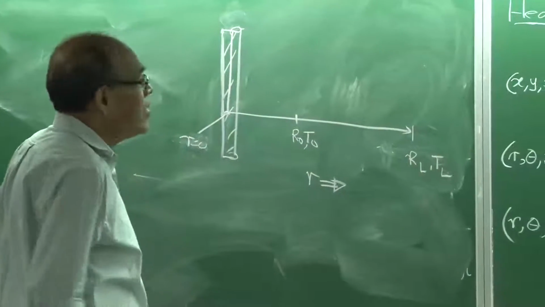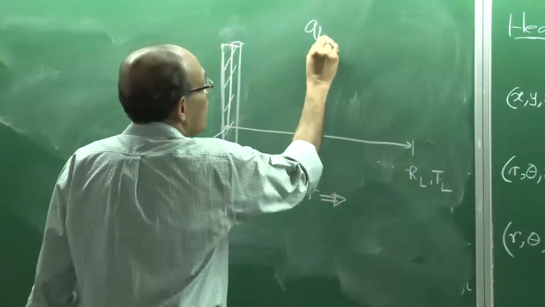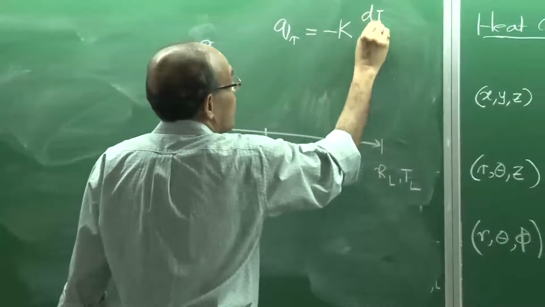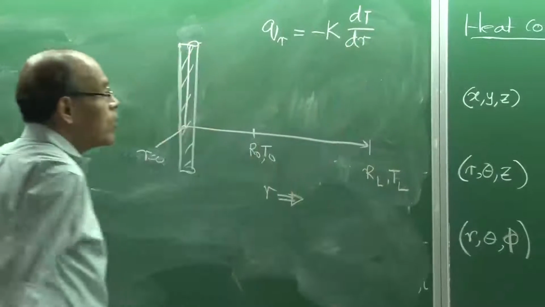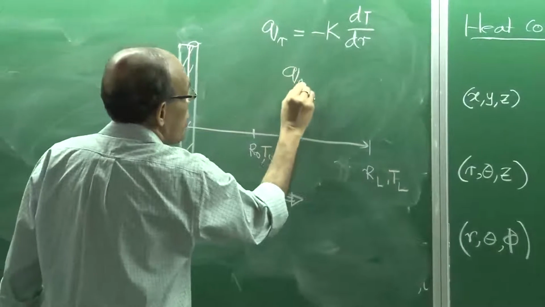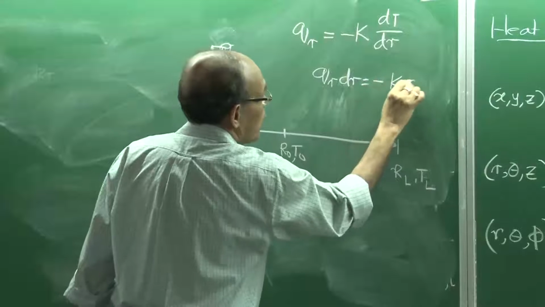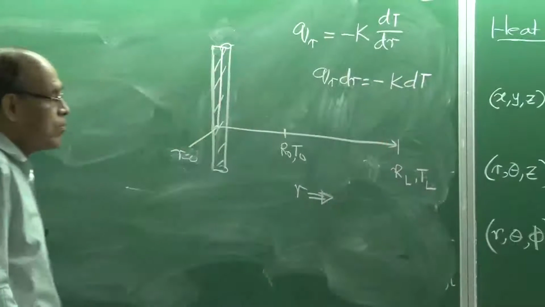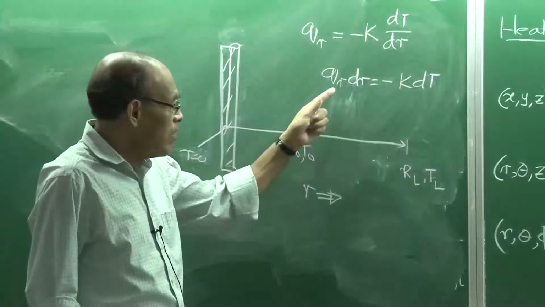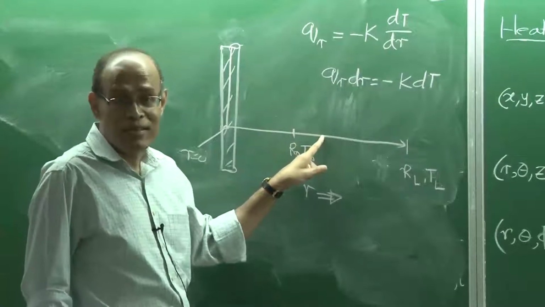Now, let us look at the definition of the heat flux. So, we have qr is equal to minus k dT/dr, the same Fourier's law applies here. We must understand that in this one dimensional problem, the qr is not constant.